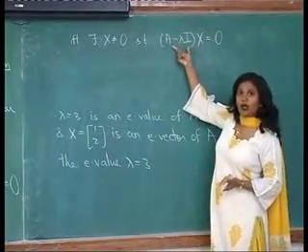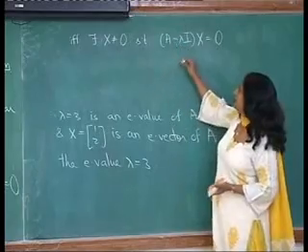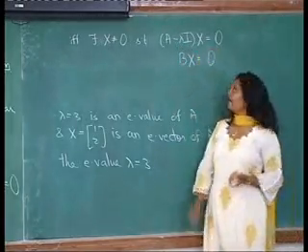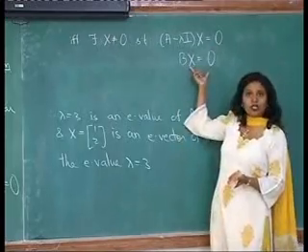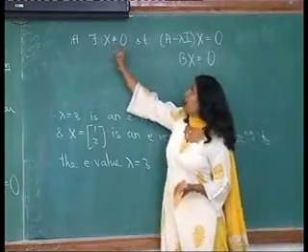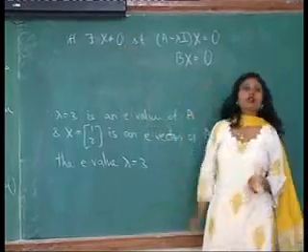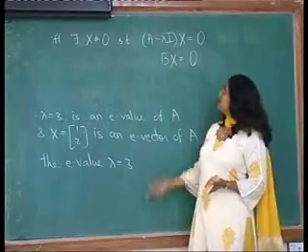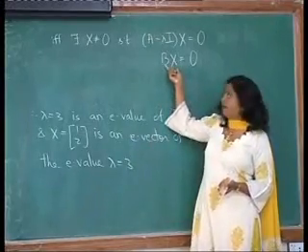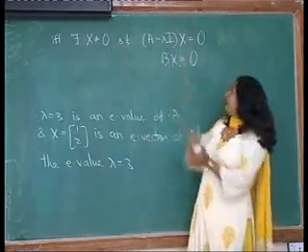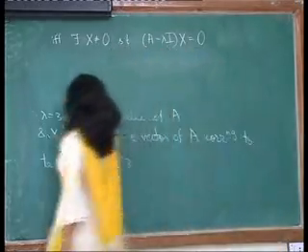If temporarily I call this as capital P, this looks like Px equal to capital O, which means this is a homogeneous system, and what I am looking for is a non-trivial solution to this homogeneous system. Now make use of the previous note. The previous note says that such a homogeneous system will have a non-trivial solution if and only if determinant of the coefficient matrix is 0.